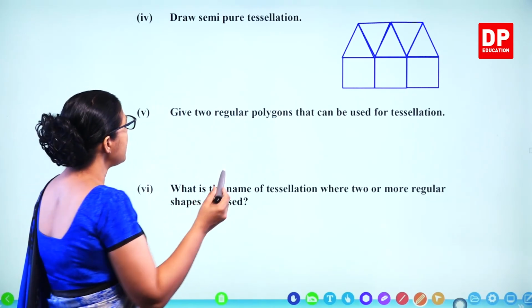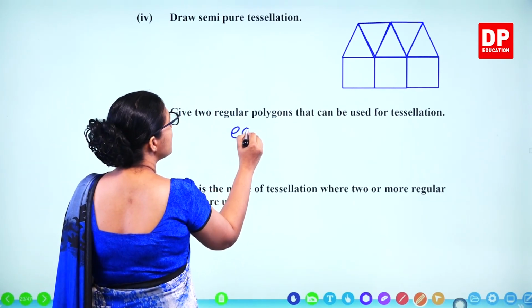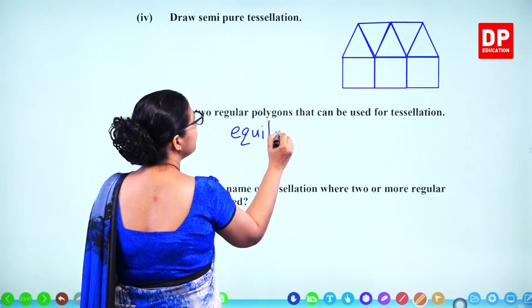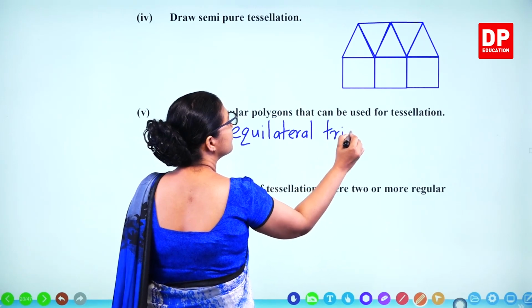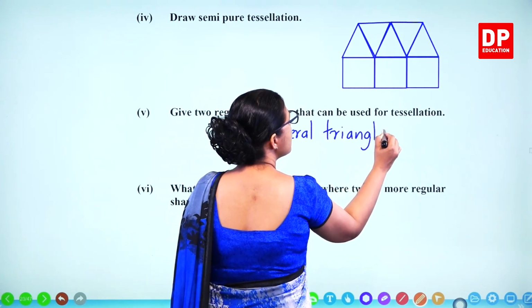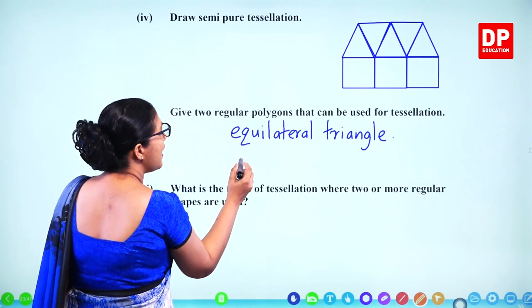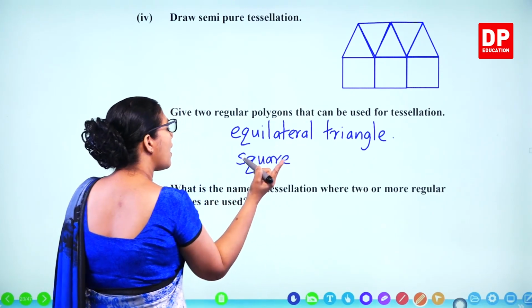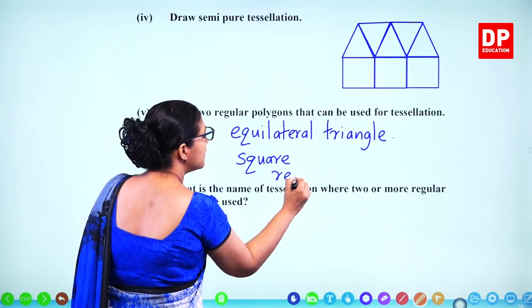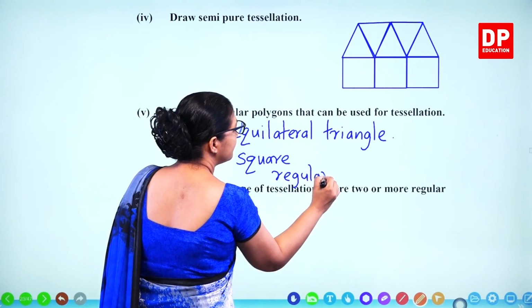So you can write any 2. Equilateral triangle, all sides are equal there. Then square, or you can write regular hexagon.